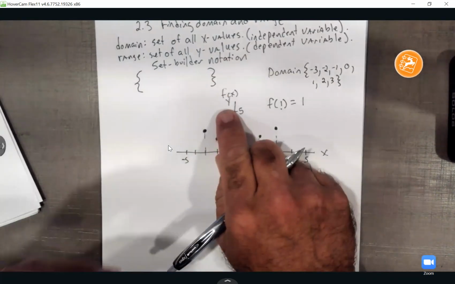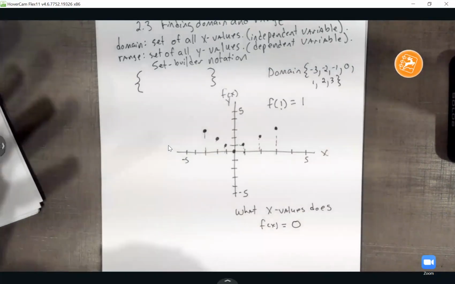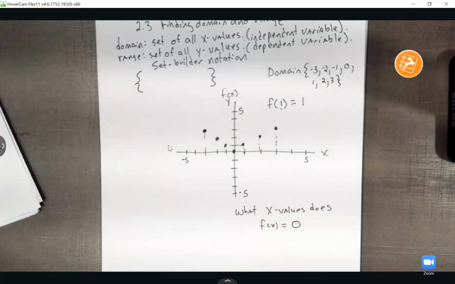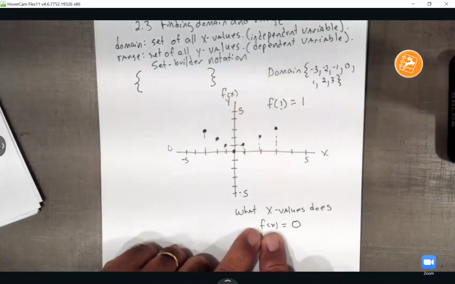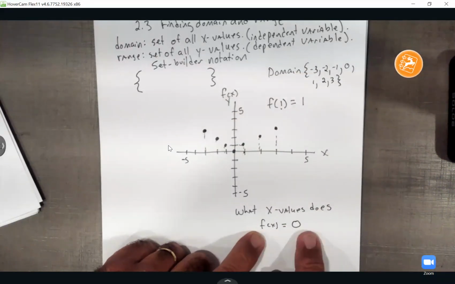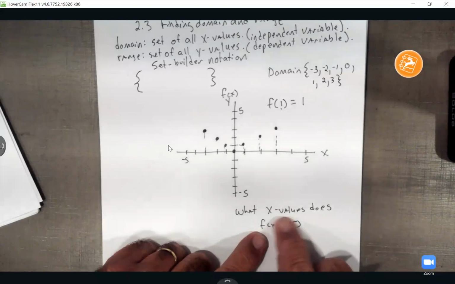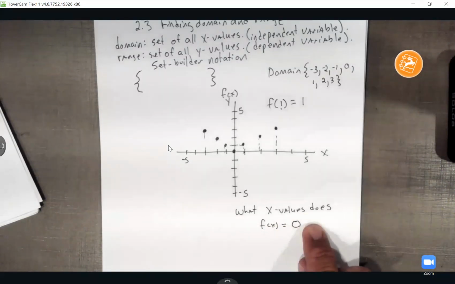But we just use a Y here because when we want to do ordered pairs, we got an X coordinate and a Y coordinate. But y'all, f of X and Y is the same thing. So when I'm down here saying what X value has f of X equals 0, that means what X value has a Y value of 0.